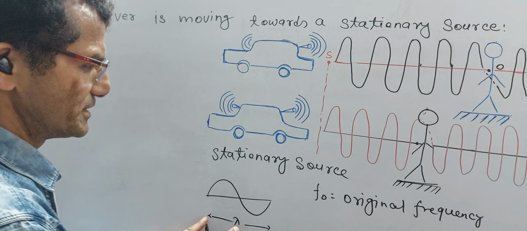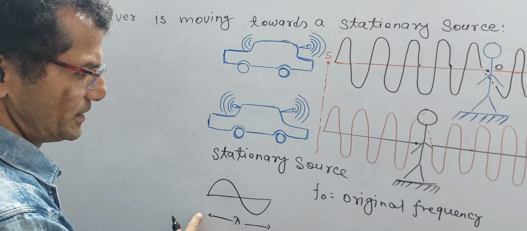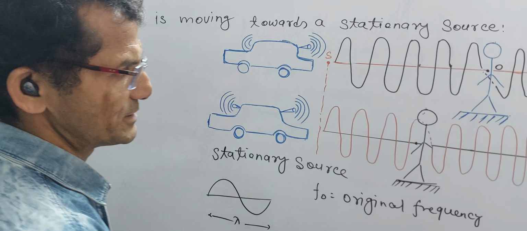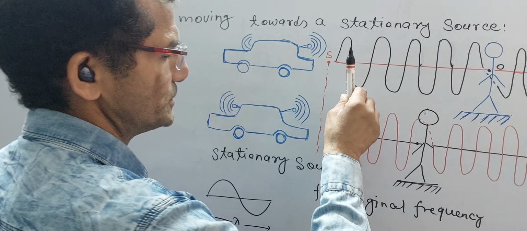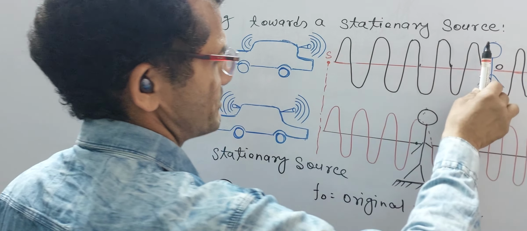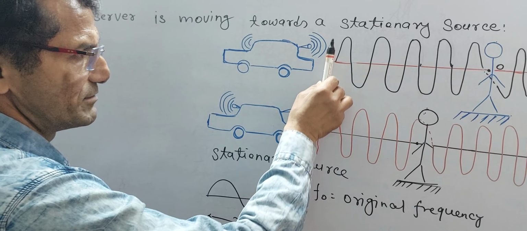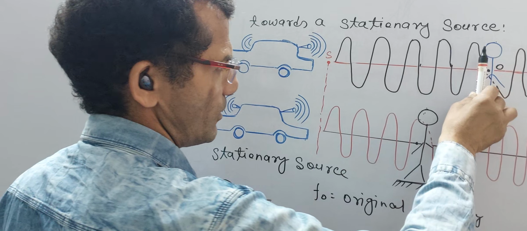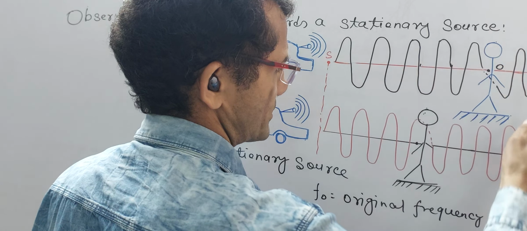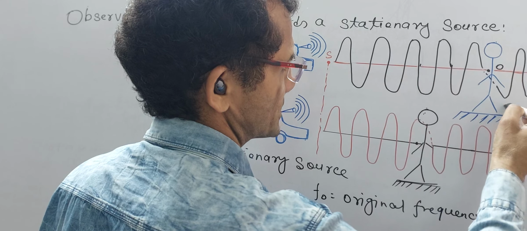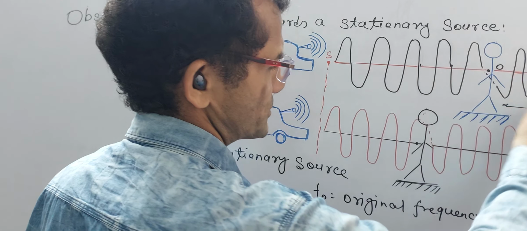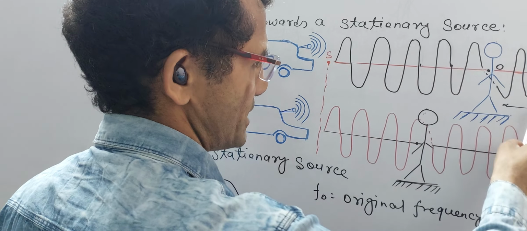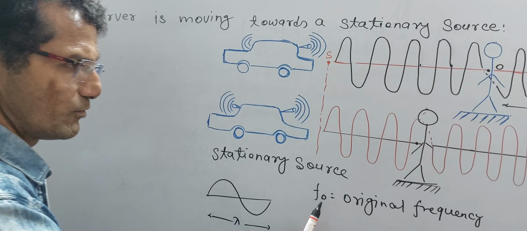It means that the observer is receiving f0 waves in 1 second. All the waves pass through the observer, so the observer received f0 waves in 1 second.